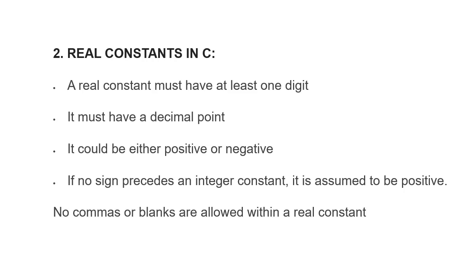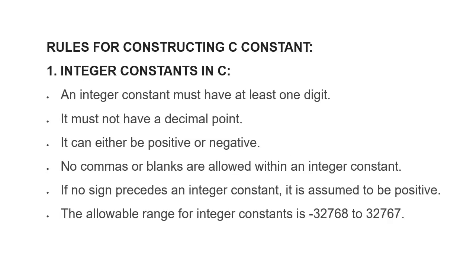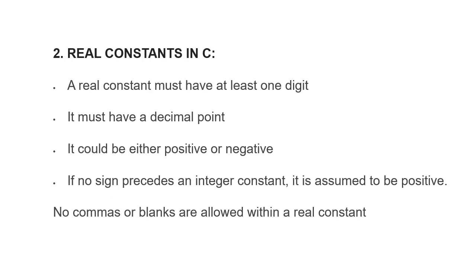It could be either positive or negative. If no sign precedes it, it is assumed to be positive. No commas or blanks are allowed within a real constant. So there are almost the same rules as for an integer constant.